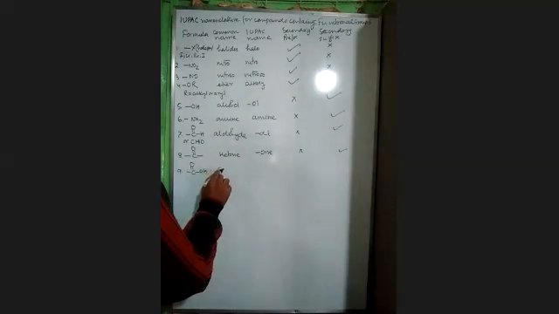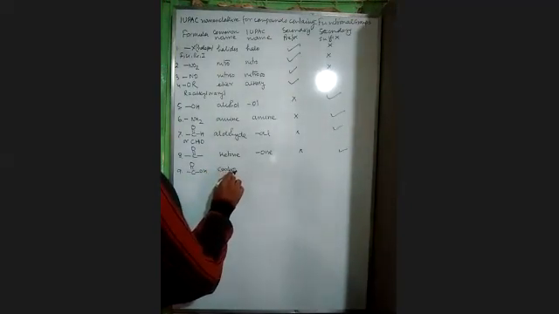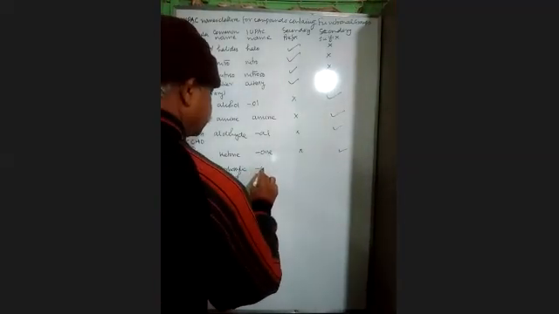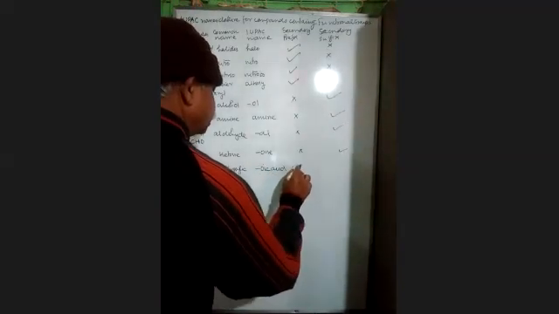Nine. We call them as carboxylic acid. We call them as oic acid. Ten.